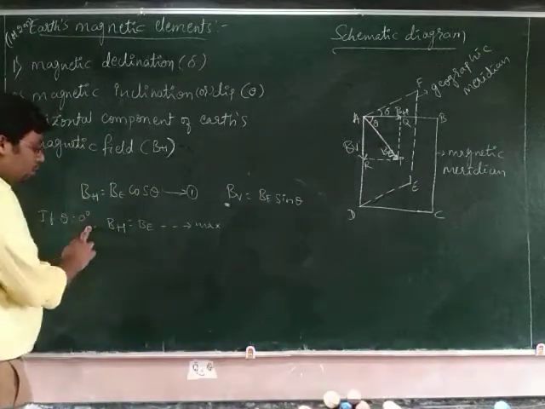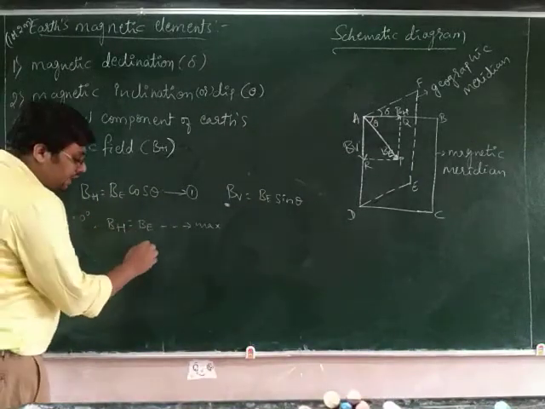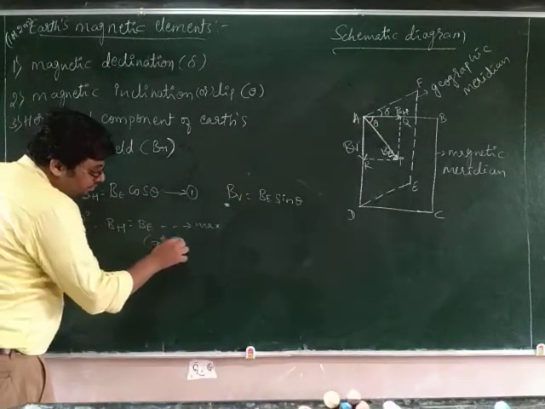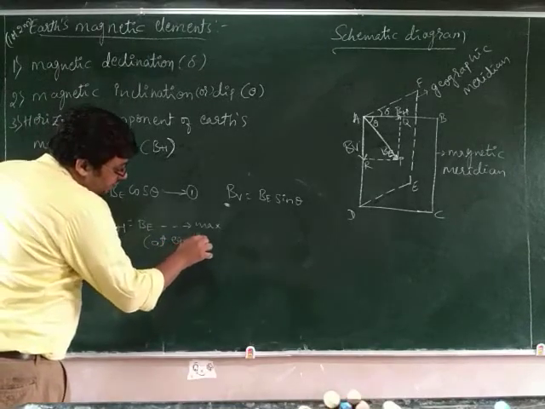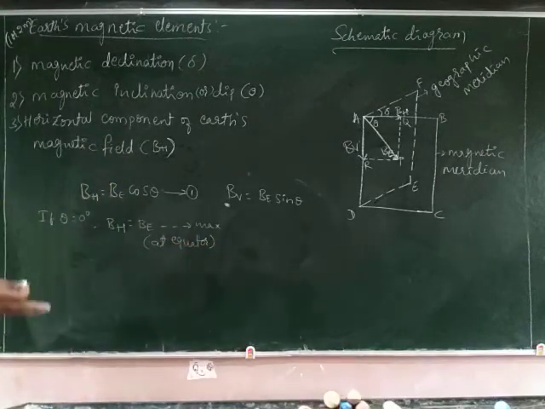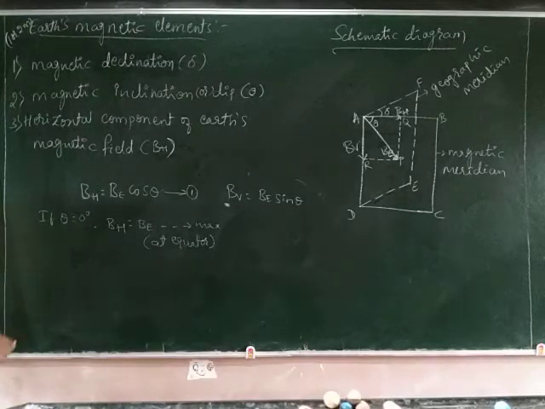So theta is equal to 0 at the equator, and there the horizontal component is maximum.